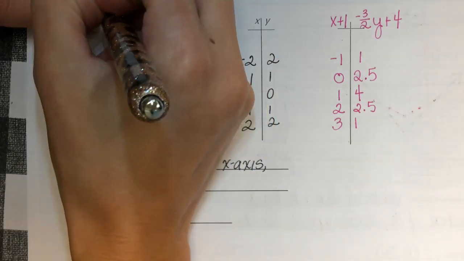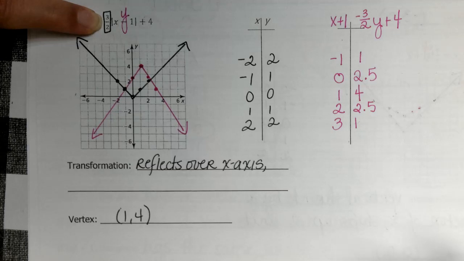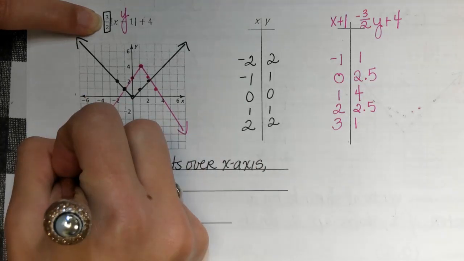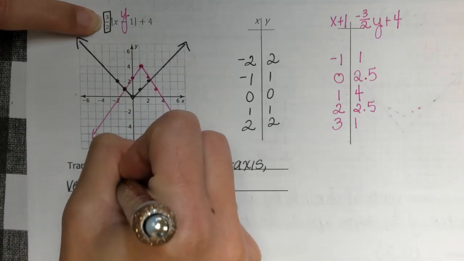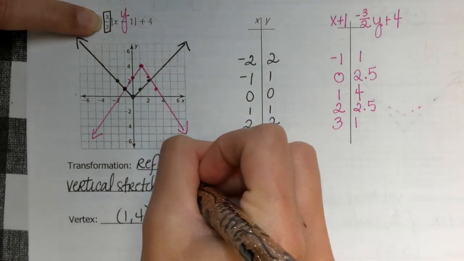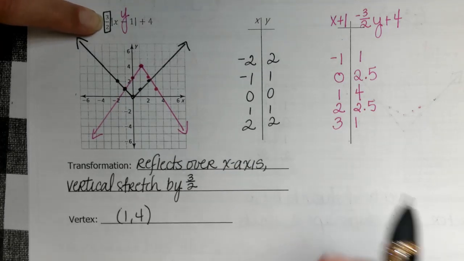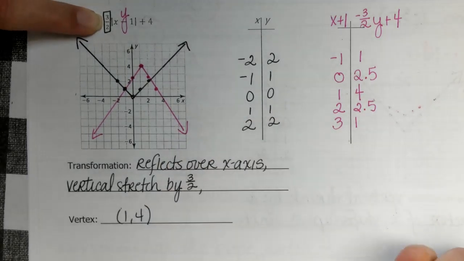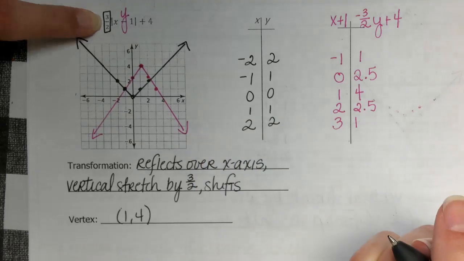Now I'm just looking at 3 halves. Is the value of 3 halves greater than 1 or less than 1? Greater. So even though it's a fraction, it's still greater than 1, so that should be a vertical stretch. I'm just going to put vertical stretch by 3 halves. I don't have space for by a factor of. Okay, and then where did it shift?